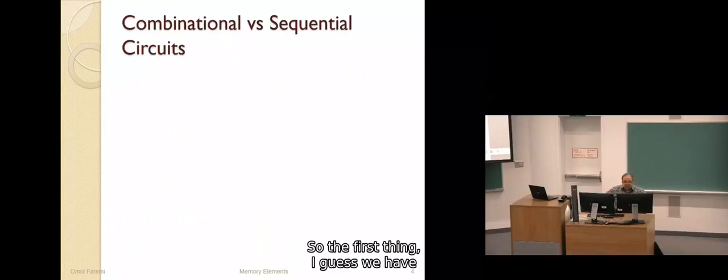So the first thing, I guess we have talked about this before. I told you something about sequential versus combinational. So what would be the main difference between combinational and sequential? Could you tell them? Like AND, OR, and these things.